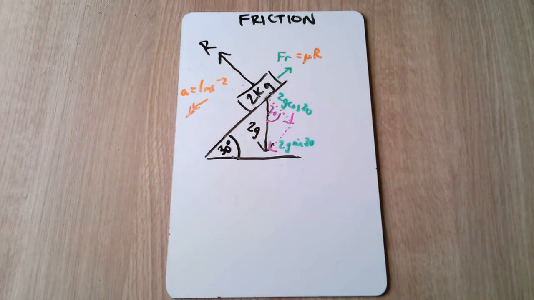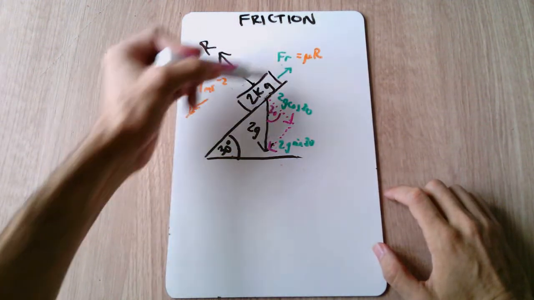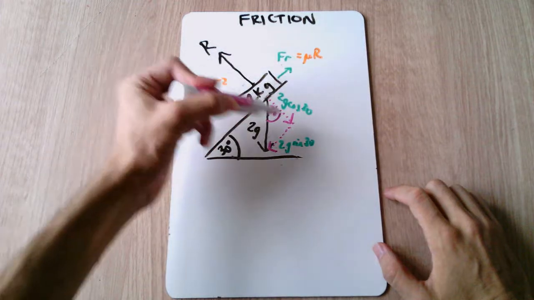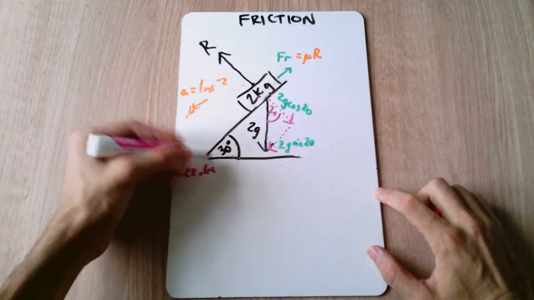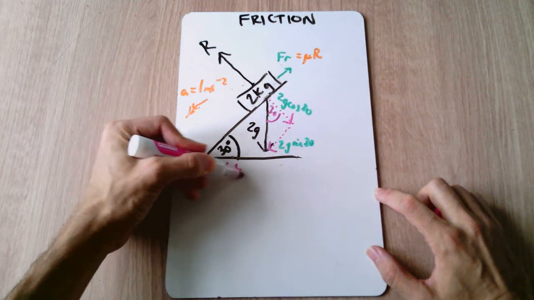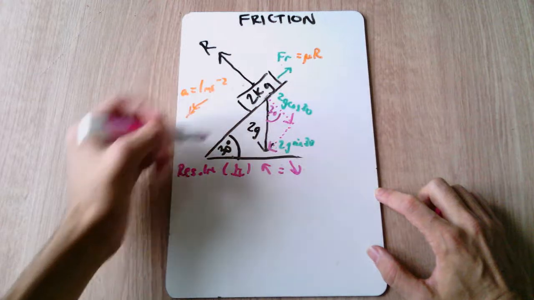However, my advice is always to work out the reaction force first, because the reaction force is also linked to friction. And to do that, we can resolve our forces in a perpendicular direction. Because this is only acting in this direction, these forces must be balanced. So if we resolve perpendicularly, we can say the forces going in that direction equal the forces going in that direction.